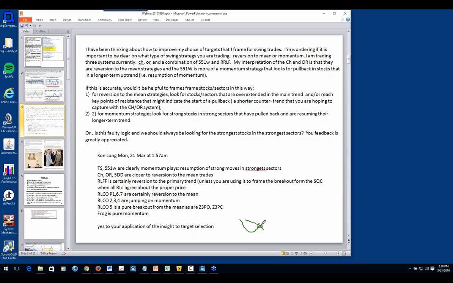So you get that RLCO outside the river, and you're playing it back to that downward sloping Bollinger Band mean. And so you expect that target to be hit up here. So in this case, the 30 period Bollinger Band, the mean of the river, the BB mean, is the mean that we're reverting back to.